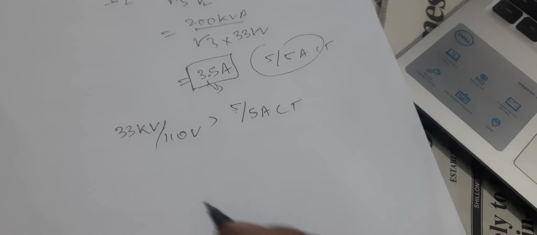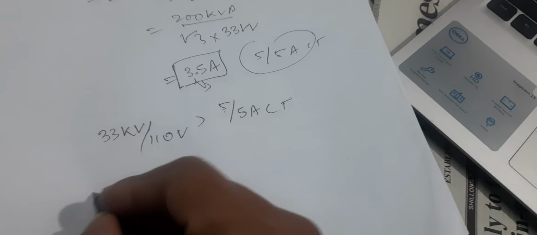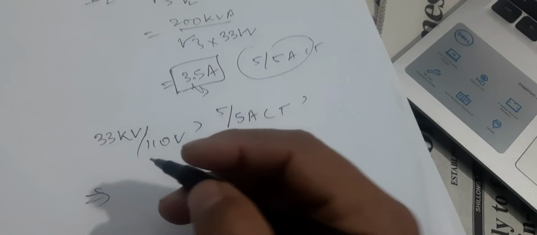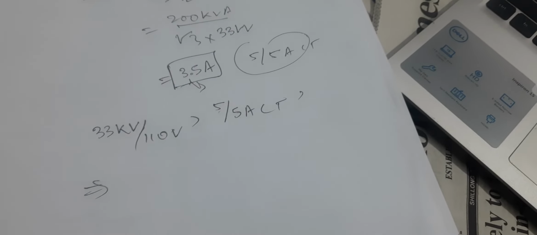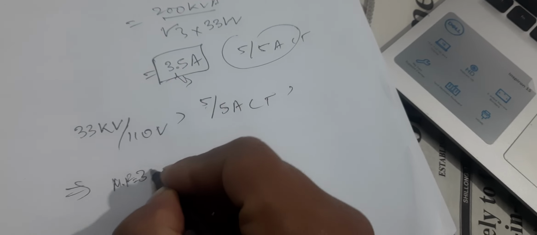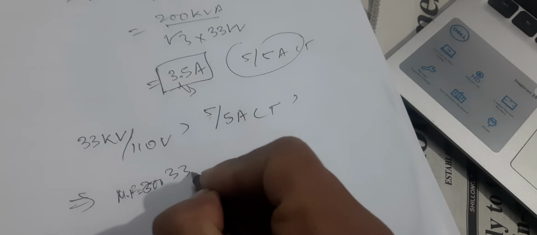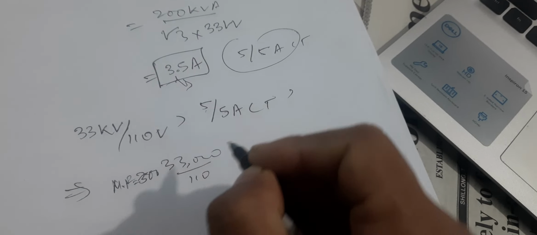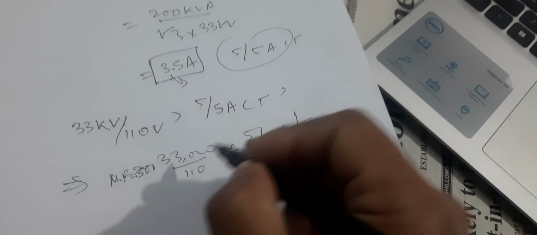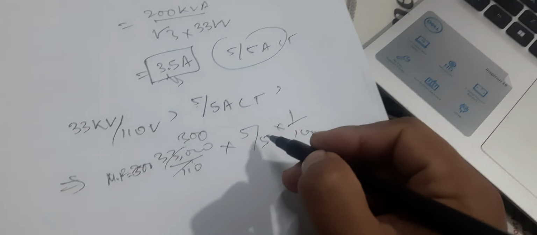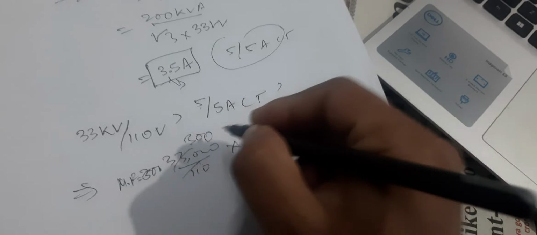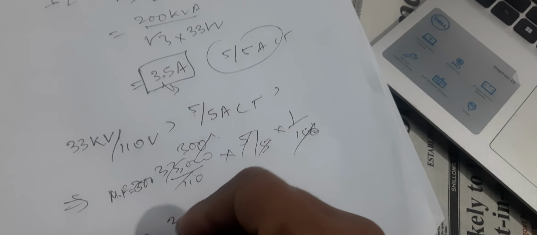If you use 5 by 5, then the MF, because like I said, in most cases our meter ratio is 100. So how much are you getting? The MF will be 33 by 110 into 5 by 5 divided by 100, 300, so your MF is 3.